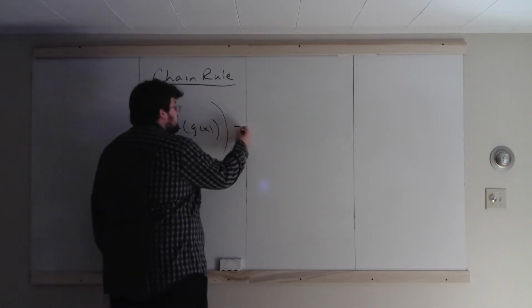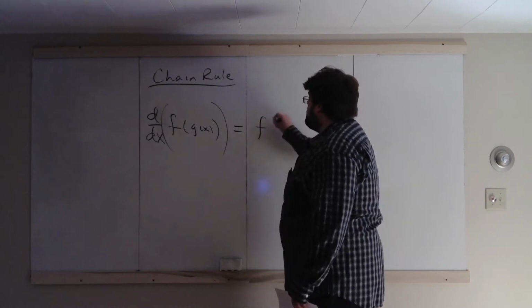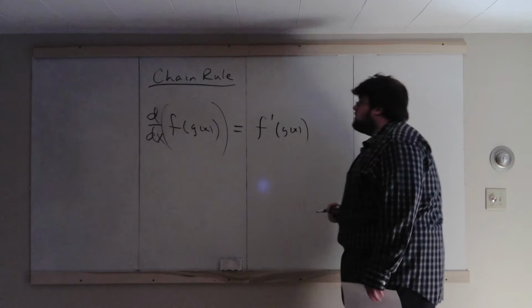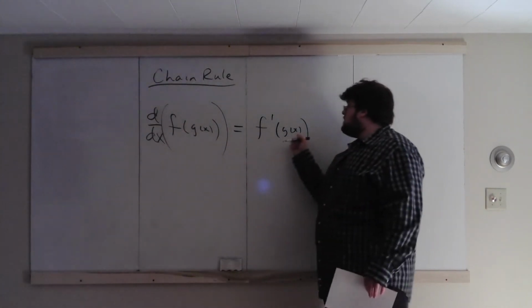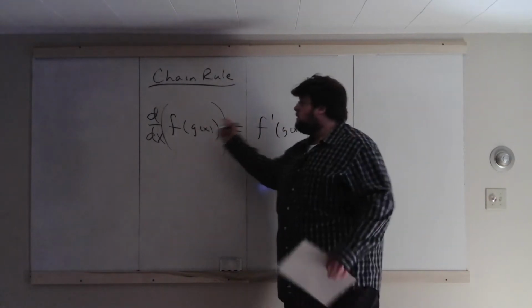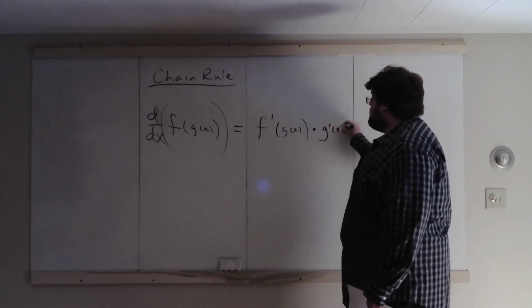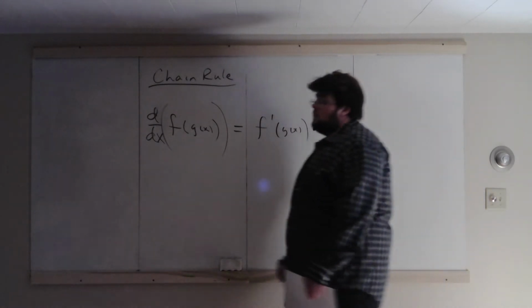The rule says that this derivative is f prime of g of x. So we have an f and a g. The derivative is f prime. Leave the inside alone. And then multiply by g prime of x, the derivative of this inside function.